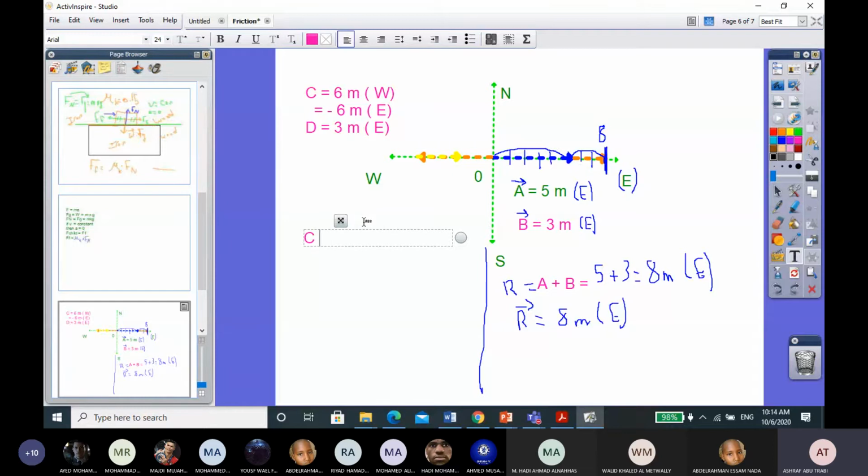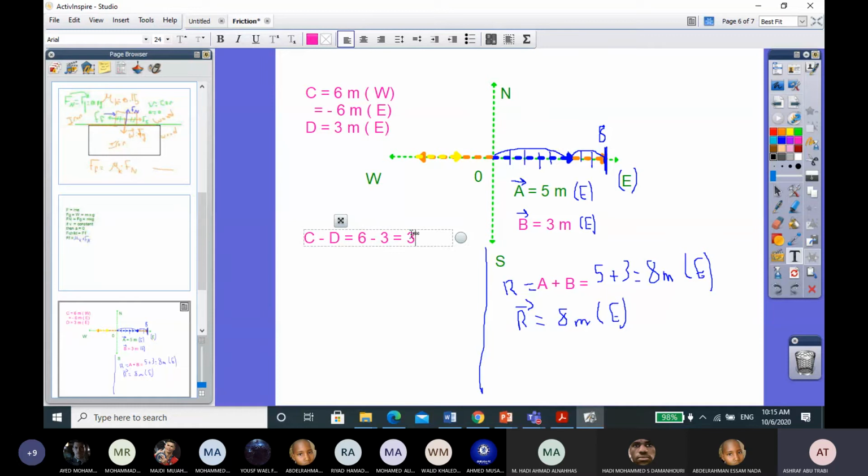It will be C minus D or D minus C. Let's put here C minus D, as you want, equals what? Who can help me? C is what? 6 minus 3 equals 3. Excellent. 6 minus 3 is equal to 3.